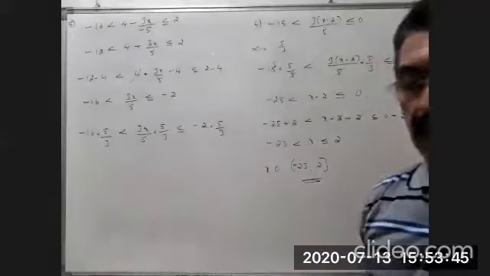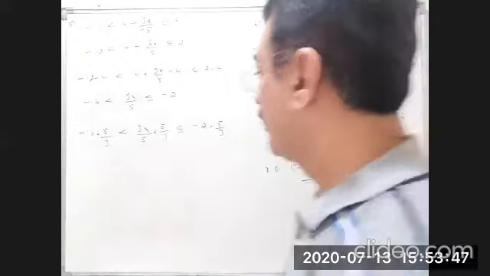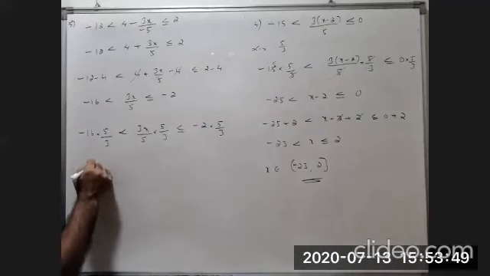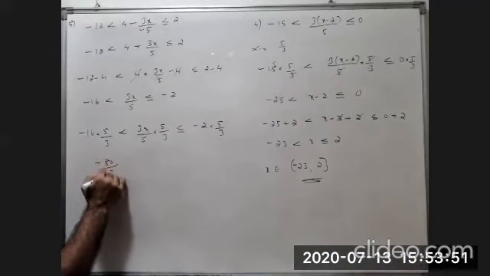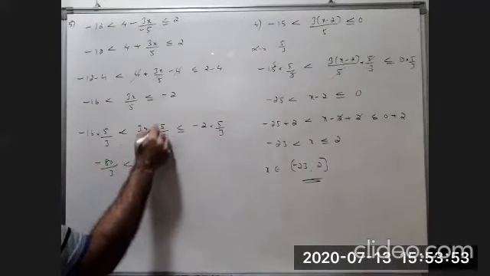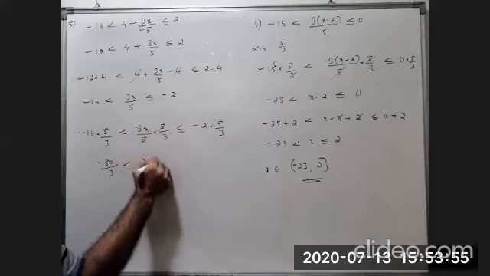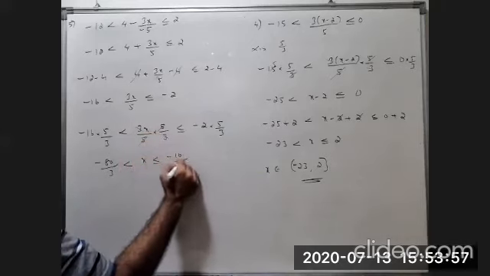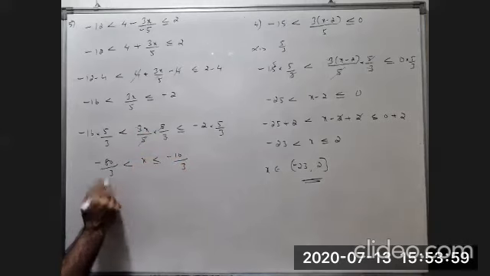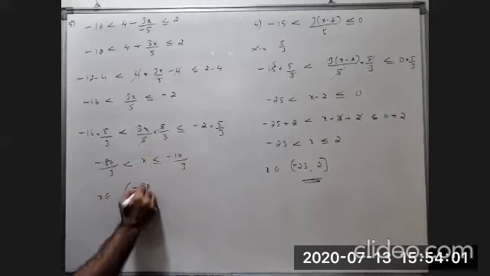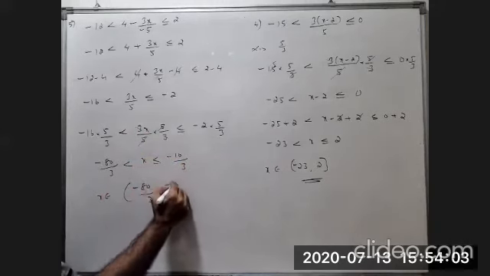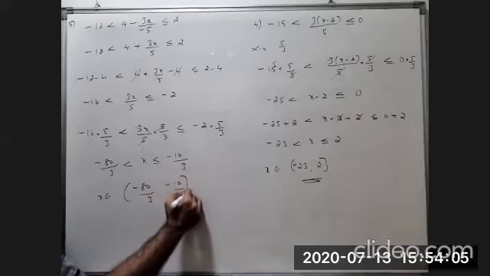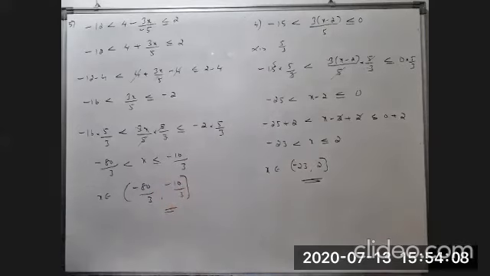Otherwise, same inequality. 16 times 5 is 80, minus 80 by 3. 5 goes, less than or equal to minus 2. So x belongs to, leave it as a fraction, open minus 80 by 3 to minus 10 by 3 close. That is it.